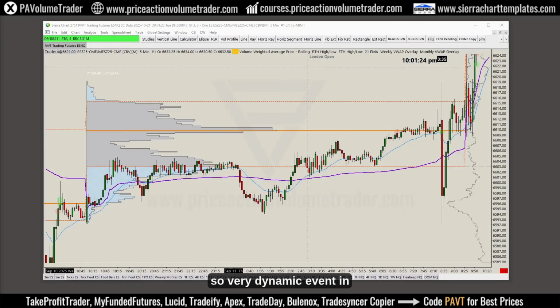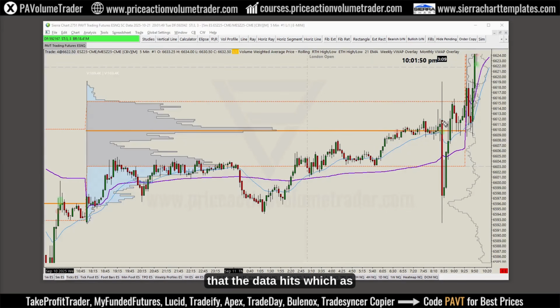Okay, CPI is one of the big market moving events in the equity futures world, and you're going to notice that right before the number hits, markets will usually just start consolidating in a very tight range, and the DOM or the liquidity is going to dry up a lot.